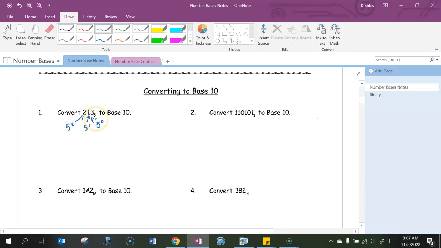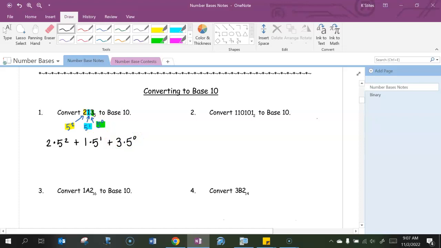Always start from the right, and then you're going to multiply the number times this thing here. It's going to look like this: 2 times 5 squared, so that's the yellow, plus 1 times 5 to the first, plus 3 times 5 to the 0.